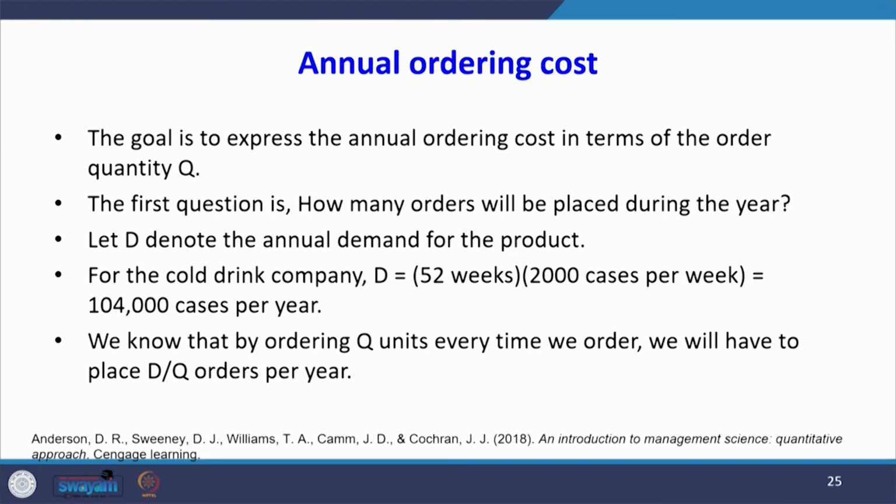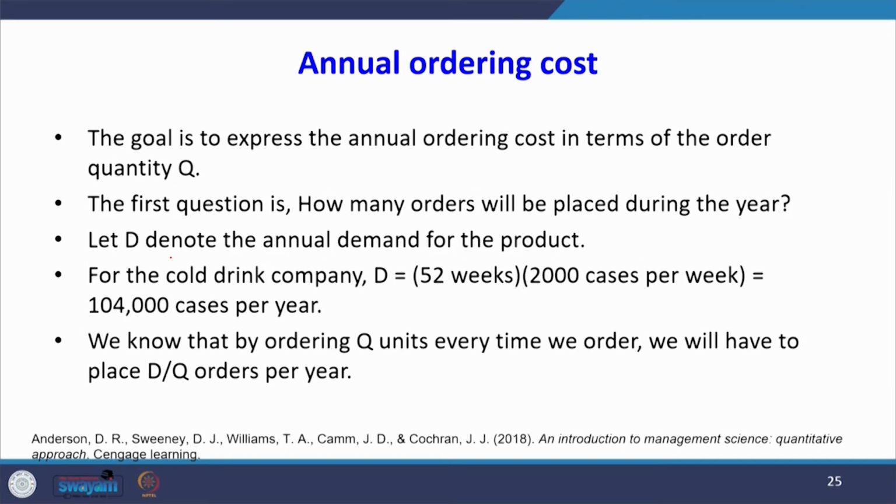The first question is, how many orders will be placed during the year? So, how many orders? That means the number of orders multiplied by the ordering cost will give you the total annual ordering cost. So, we should know how many orders. Generally, how will you find out how many orders?